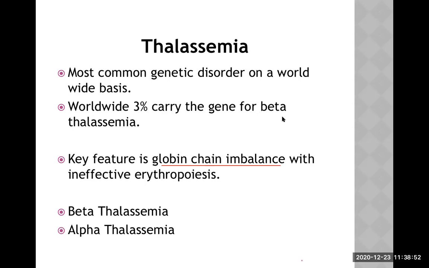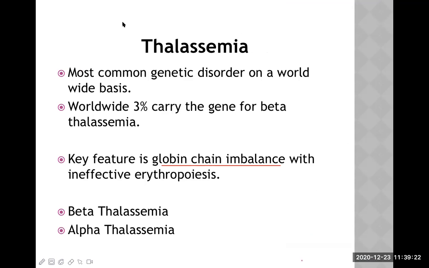All of these are globin chains. So we can have alpha thalassemia, beta thalassemia, gamma thalassemia, and delta thalassemia. Theoretically there is a possibility, but practically only alpha thalassemia and beta thalassemia are talked about in clinical practice because they are common, especially beta thalassemia.